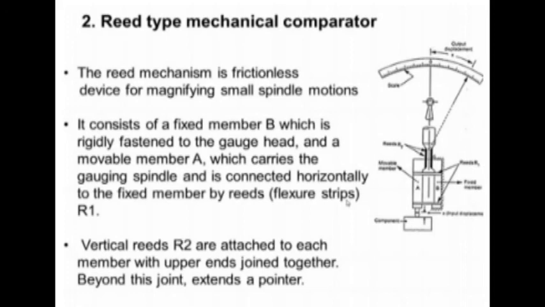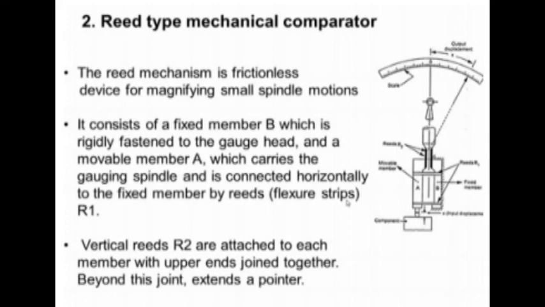Depending upon the component, the plunger will move up and down, and the movable member A will also move up and down. The two vertical reeds are joined at the top, and a pointer is fixed at this point. Since the two vertical reeds are joined and the plunger moves up and down, the reed will tilt in this fashion, and hence the pointer will also move, and then we can note down the displacement reading.